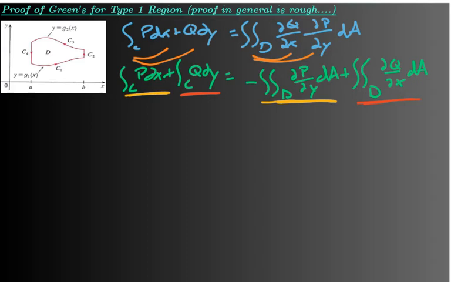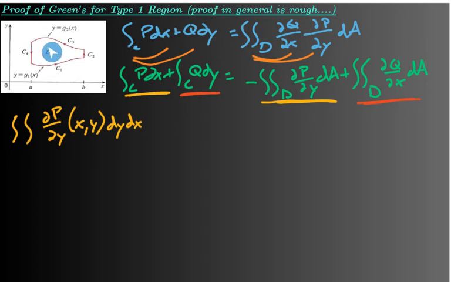And I'm going to start with these things in yellow. So I'm going to show this is equal to this. So right here, I'm going to basically set up that double integral over D. Okay, so we've got the partial of P with respect to y, which is a function of x and y. Let's just do dy dx, right, because it's a type 1 region.